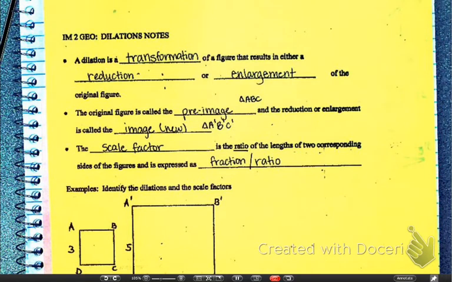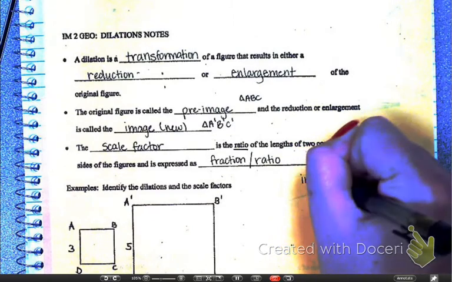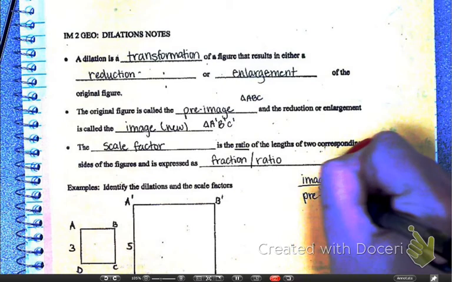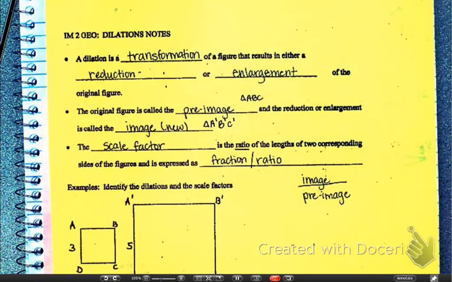Now, when we're solving all of these, there's a specific way we're going to set up our ratio, and that is our image over our pre-image. The image over the pre-image. Which one's the image? The new or the old one? The new one. And the pre-image is your original one, your older one.